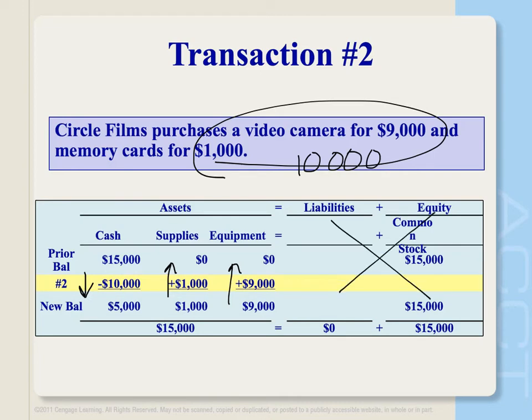Remember, the rule is what you do to one side of the equation you do to the other, with the exception of when I am exchanging one for another on the same side of the equation. So in this case, I exchanged cash for supplies and for equipment, and you can see here that our equation still balances.